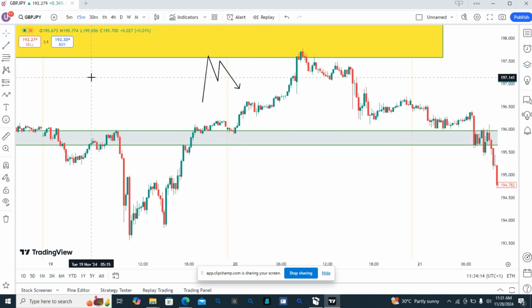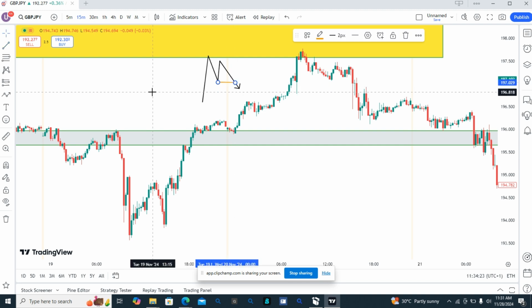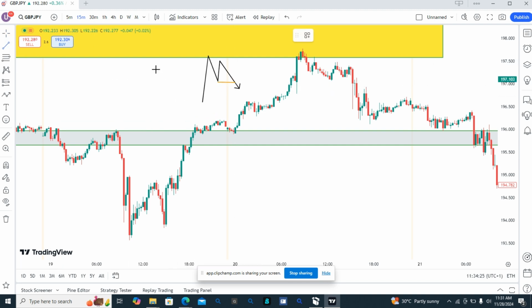Did you see it? That change of character occurs here. You can see it. That was exactly what I taught you in the chart. See where the change of character occurs, this zone.